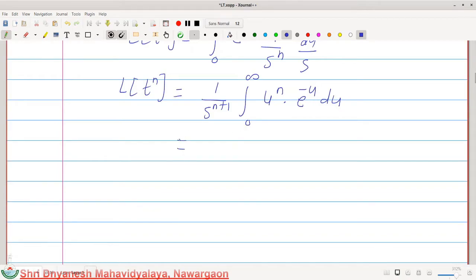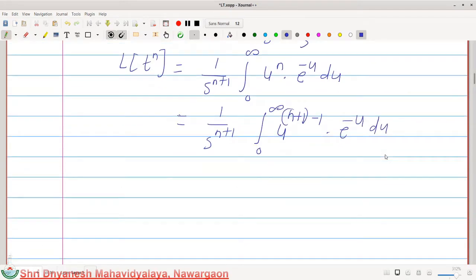What adjustment do we do here to get the gamma function? See, 1 upon s to the power n plus 1, integration 0 to infinity u to the power n plus 1 minus 1. You can always adjust that, into e to the power minus u.